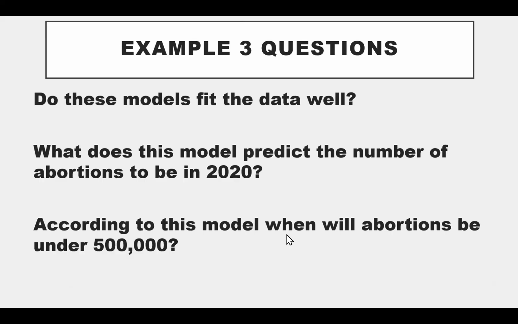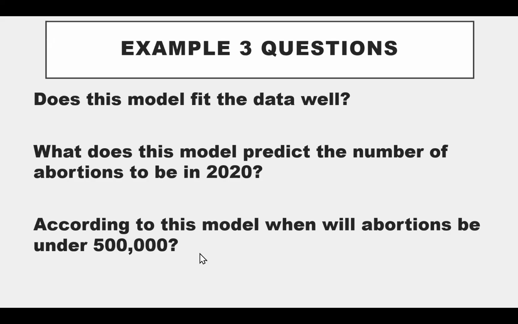Let's answer a couple of questions. Let's ask, does this model fit the data well? That's a singular model in this case. And then what does this model predict the number of abortions to be in 2020? According to this model, when will abortions be under 500,000?